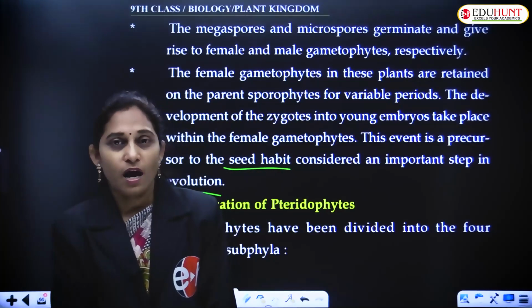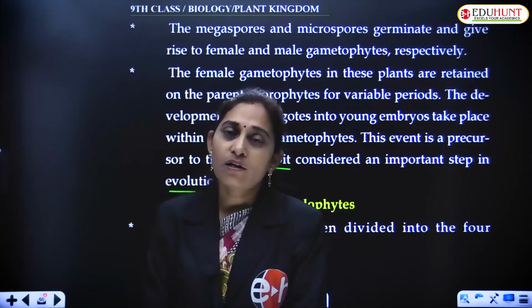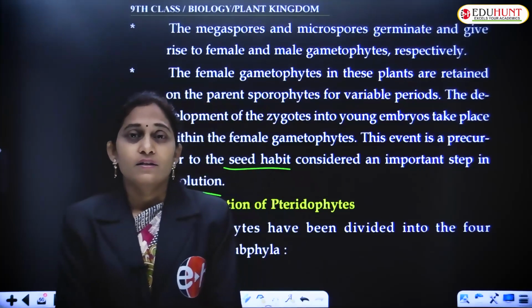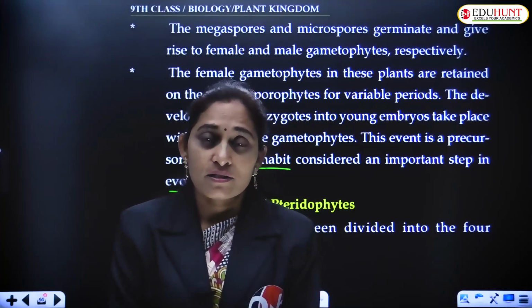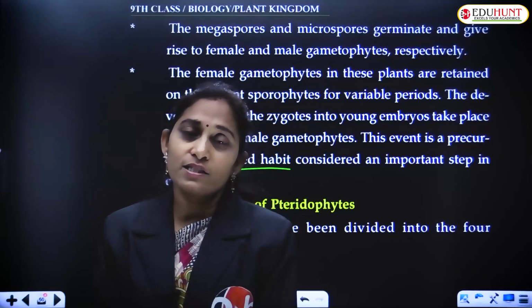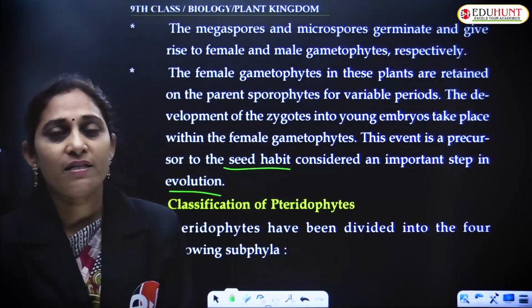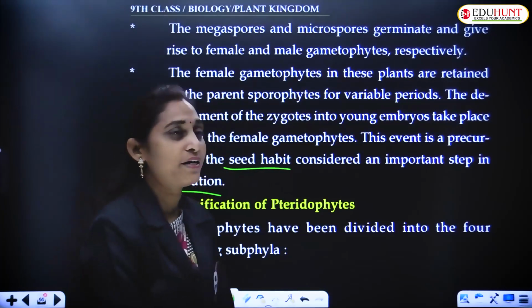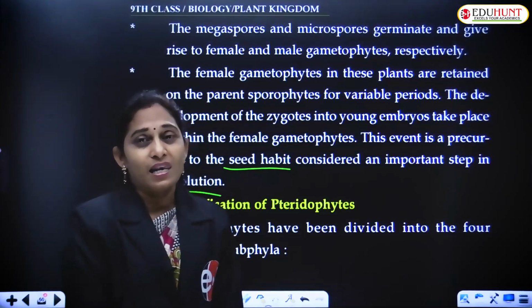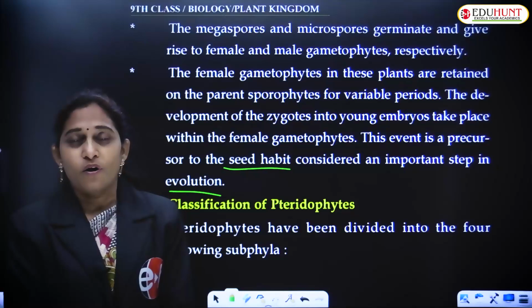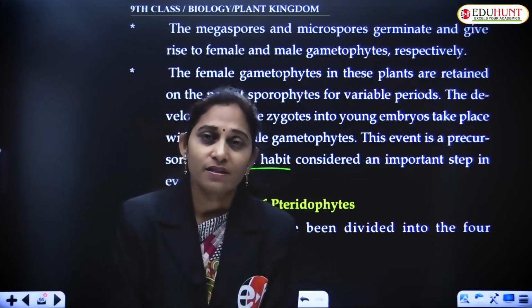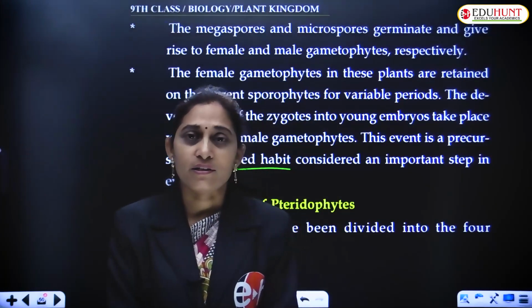Sometimes heterospores are produced. The leaves are called fronds and the leaves which bear sporangia are called sporophylls. Stellar evolution, the origin and evolution of stele, is seen for the first time in pteridophytes. The xylem lacks trachea or vessels and the phloem lacks companion cells. This is also a very important point.